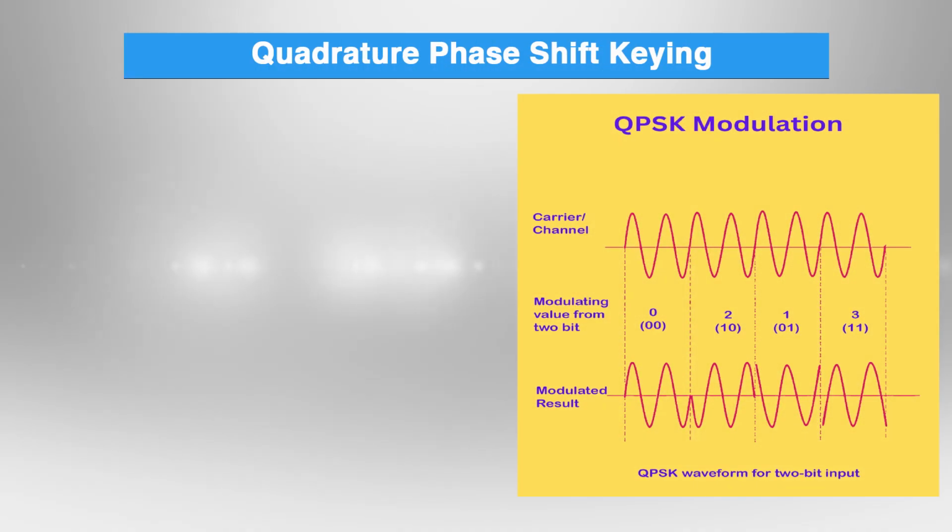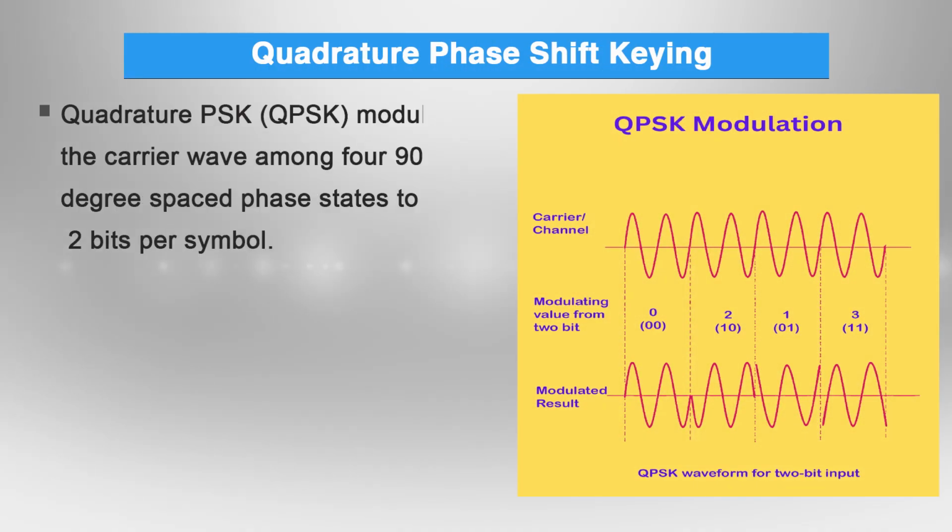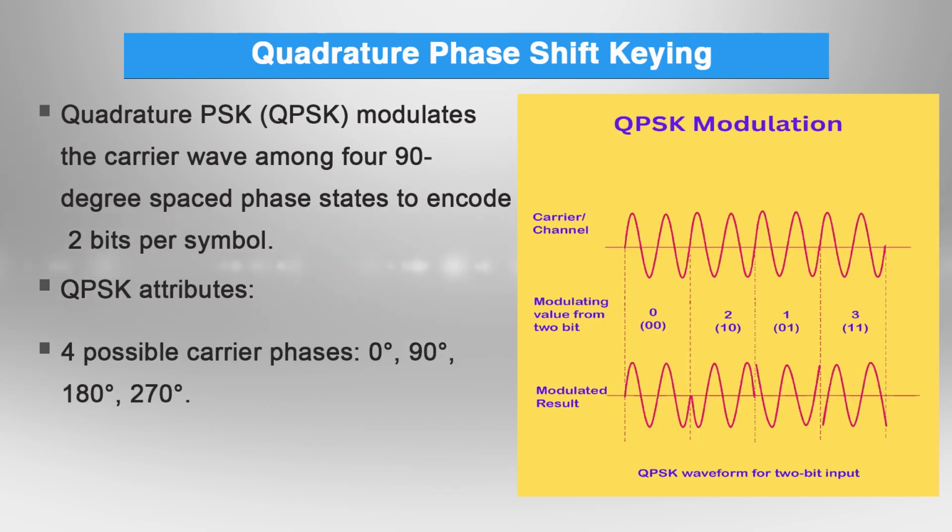Next is quadrature phase shift keying. Quadrature phase shift keying (QPSK) modulates the carrier wave among four 90 degree spaced phase states to encode 2 bits per symbol. Various QPSK attributes are: first, it has 4 possible carrier phases, which are 0 degrees, 90 degrees, 180 degrees and 270 degrees.